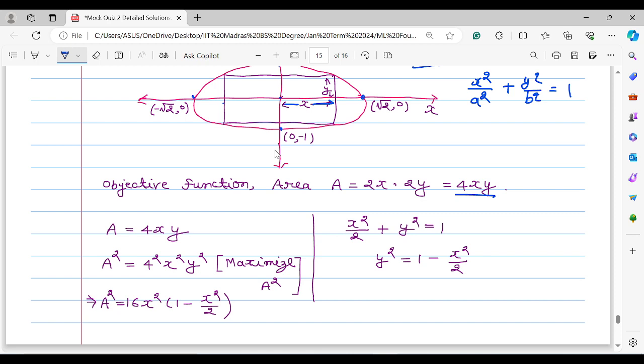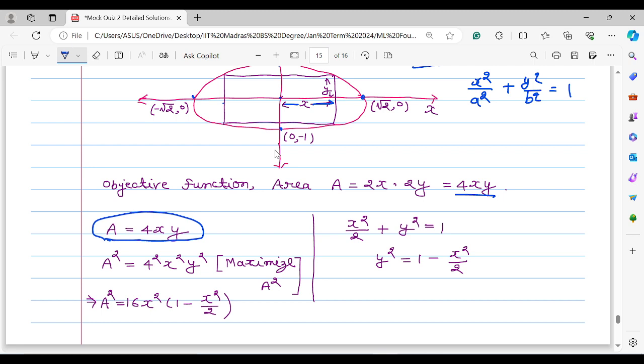So I have to maximize this area, A equal to 4xy. Instead of this, we maximize A square, which is the same as maximizing A, because we don't want the square root.